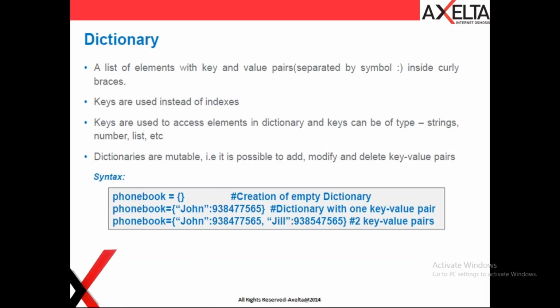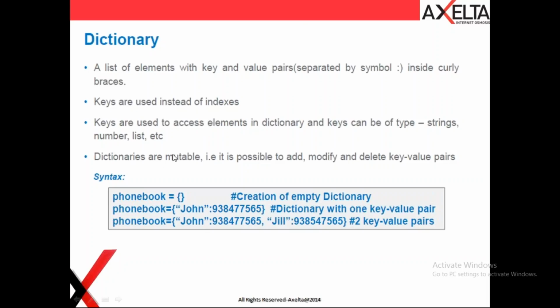Different notations, as I already said: parentheses for tuple, square brackets for list, and curly brackets without key and value for set, with key and value for dictionary. Is it clear? Don't be confused. Please make a note of all these things.